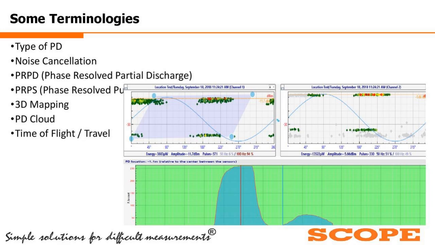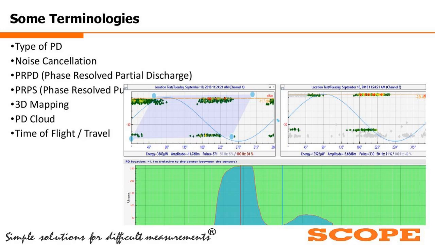Generally, UHF signals travel at a velocity of propagation of 2/3 of the speed of light. That is, a UHF signal will mostly be traveling at 66.6% of C. Now, on the basis of the distance of that particular source from the two immediate sensors, we try to identify the location, because there will always be a time of flight.